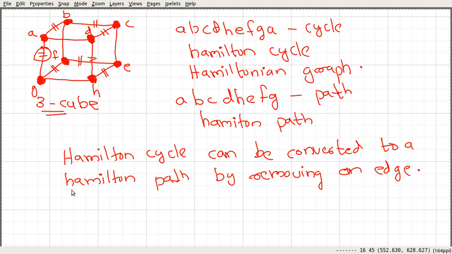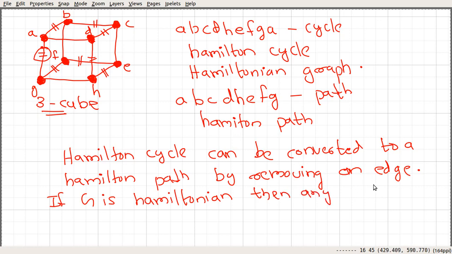Okay, so let me write down here. So here again we have this one important observation. So if G is Hamiltonian, then we can see that any supergraph, a supergraph means, take this particular graph and if you add more edges into that graph, we get what is called a supergraph.